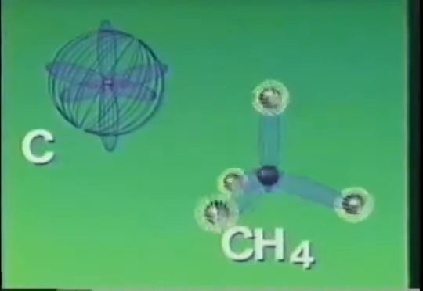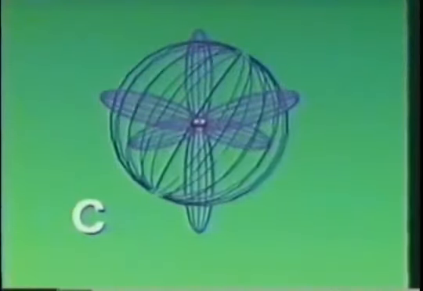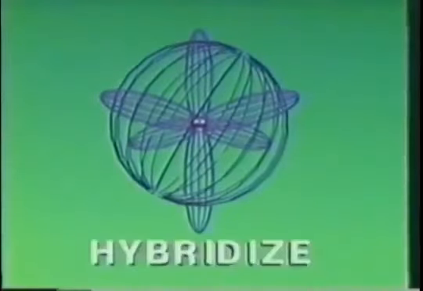Yet, when carbon bonds with hydrogen to form methane, empirical evidence insists that all four bonds are of equal energy. The solution to the paradox? Save appearances, save the model, and blend or hybridize the orbitals with a jolt of energy.